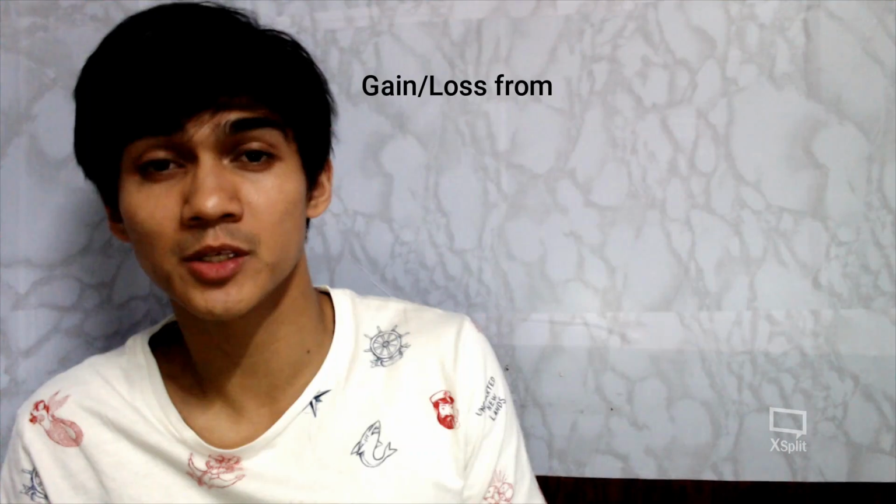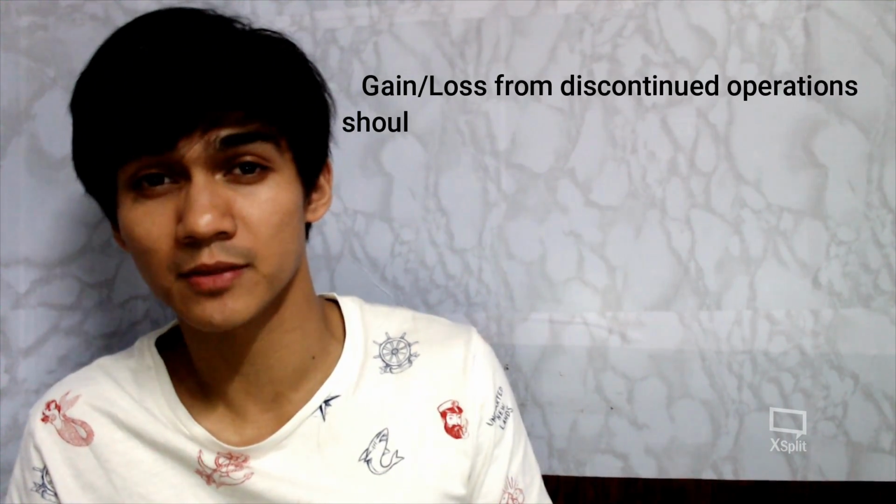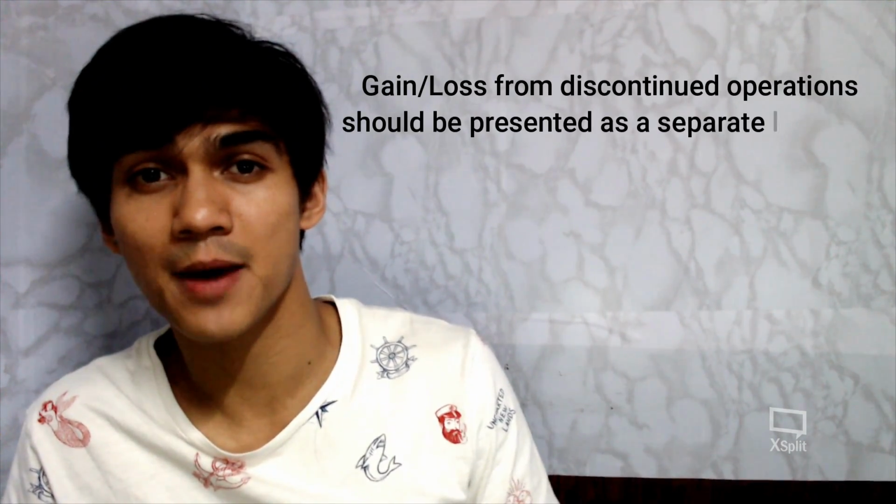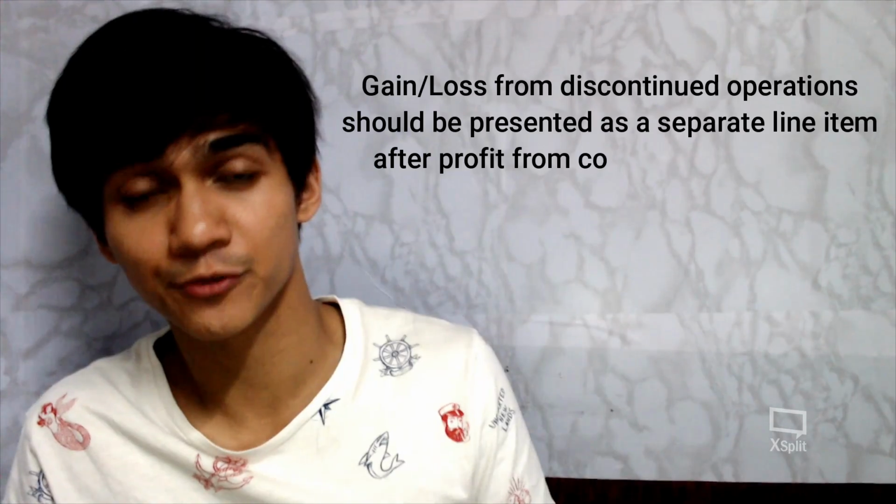Stated kasi sa standard natin sa accounting standards, IFRS 5 to be exact, na profit or loss or gain or loss from discontinued operations should be presented as a separate line item after profit or loss from continuing operations. And don't forget that this is recorded net of tax, which means ibabawas mo muna yung tax before mo siya i-record.